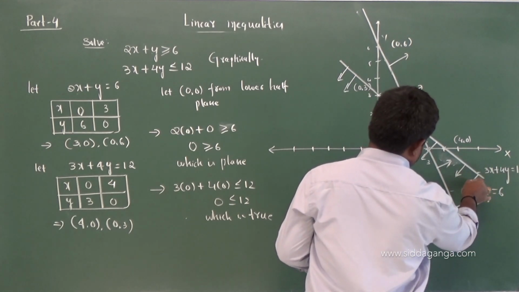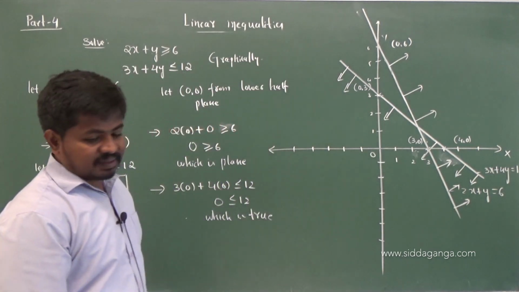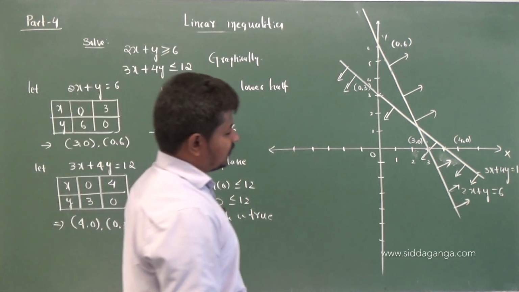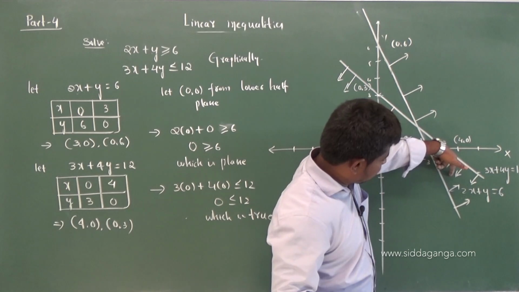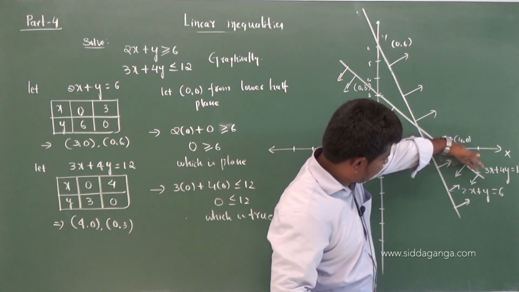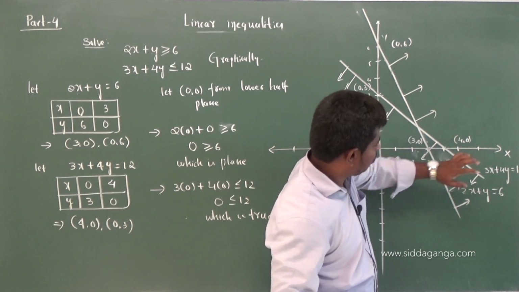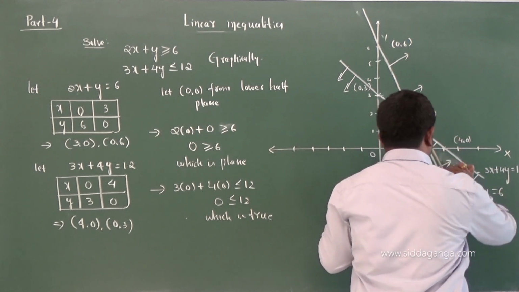Observe here, the common region comes. For both the inequalities, this region is the solution region for this inequality, and this is the solution region for the other inequality, and this becomes common for both. So your solution region is what I am shading.